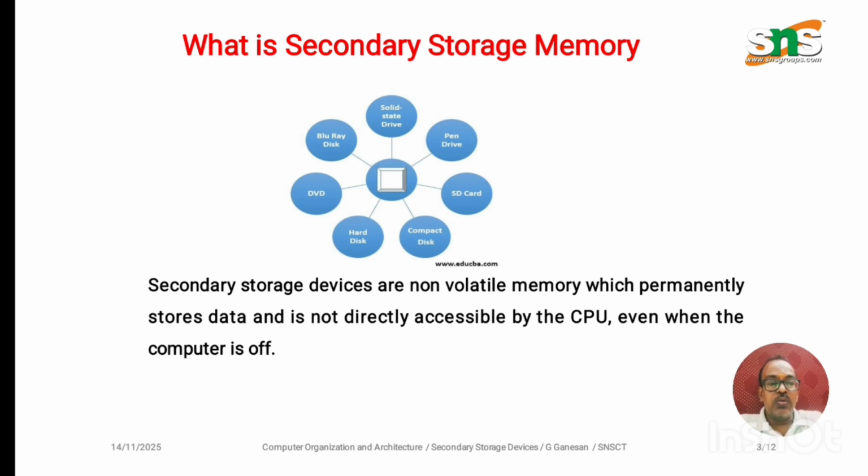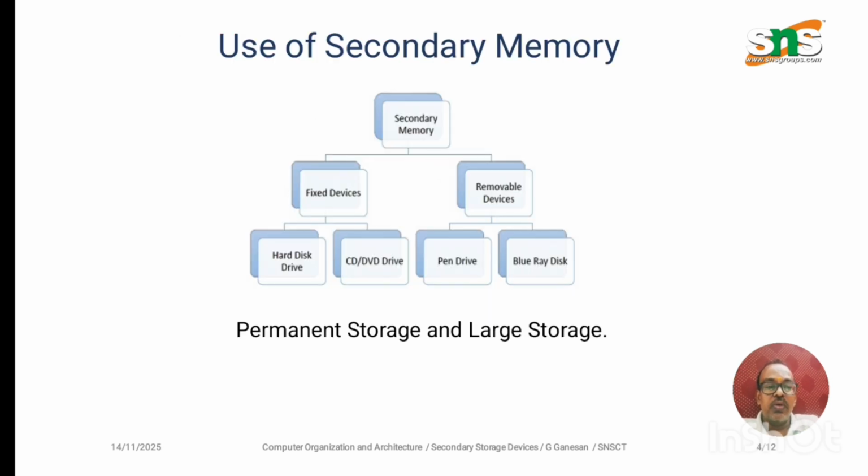Suppose we want to switch on the CPU and work with MS Office or other applications, we don't need these secondary storage devices. Then for what purpose are they used? These are additional devices provided to store a very huge amount of data for later use. We use these, like USB drives, even when the computer is off.